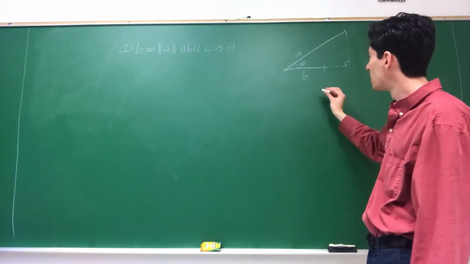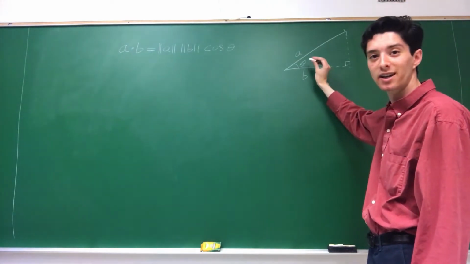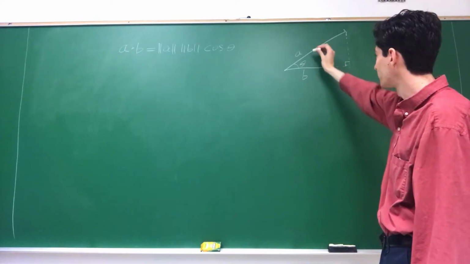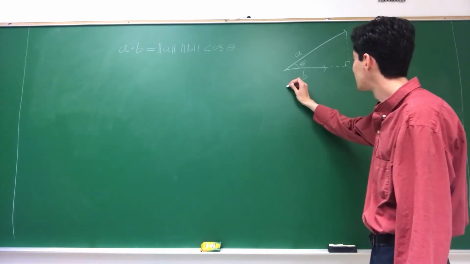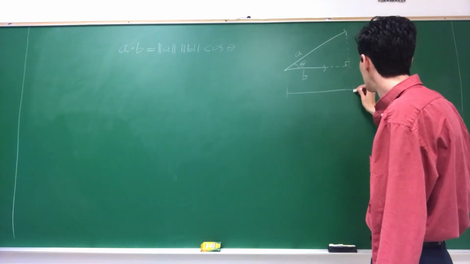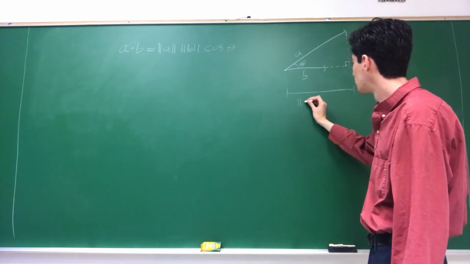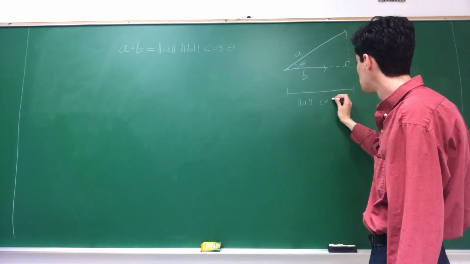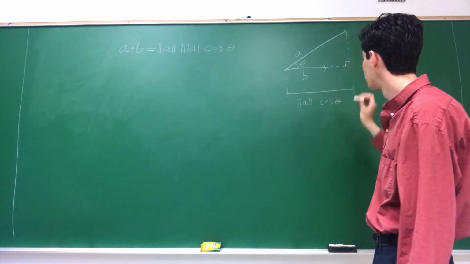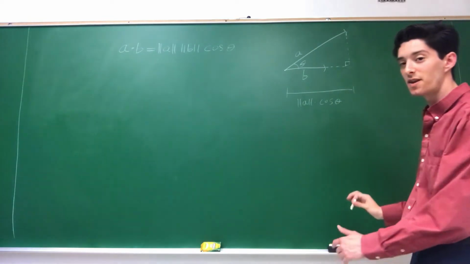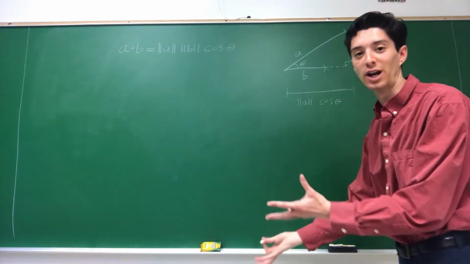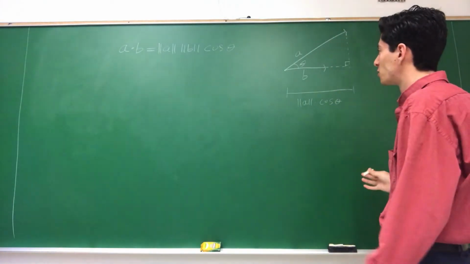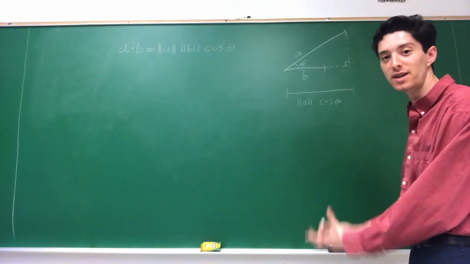So the cosine of theta is equal to this full length divided by A, which means that this length here is equal to the magnitude of A times the cosine of theta. This length is called the projection. It's the projection of the vector A onto the direction of the vector B.